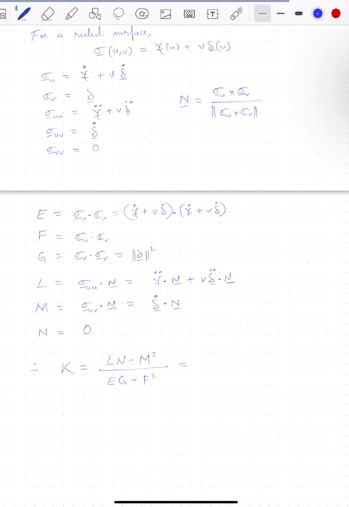And so at best what we can do here is that L into N is 0, so we have minus delta dot n whole squared divided by EG minus F squared. And let's try to expand this. How will EG minus F squared look?